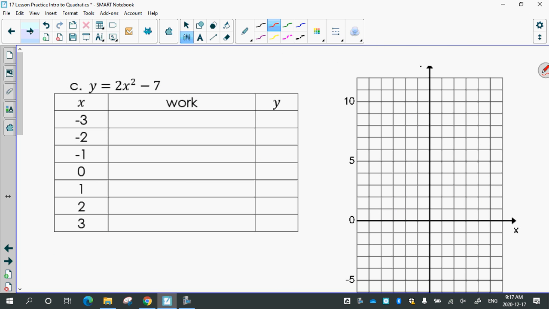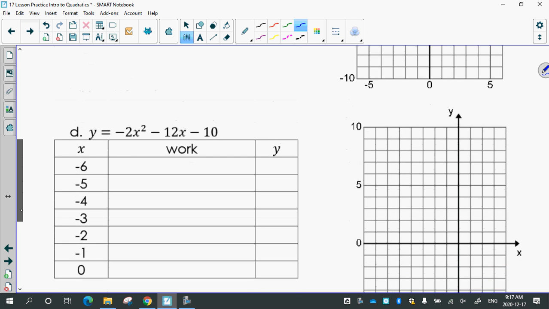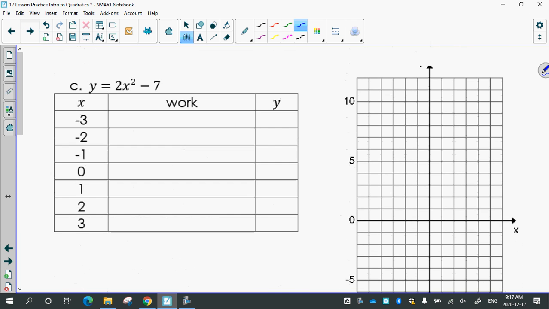Okay, we're going to get a different step pattern for this one, so that's fun. And I think for our last one, our vertex isn't going to be on the y-axis anymore, so two fun things to look forward to. So when we're substituting in here, 2 comes out first, then negative 3 squared minus 7.